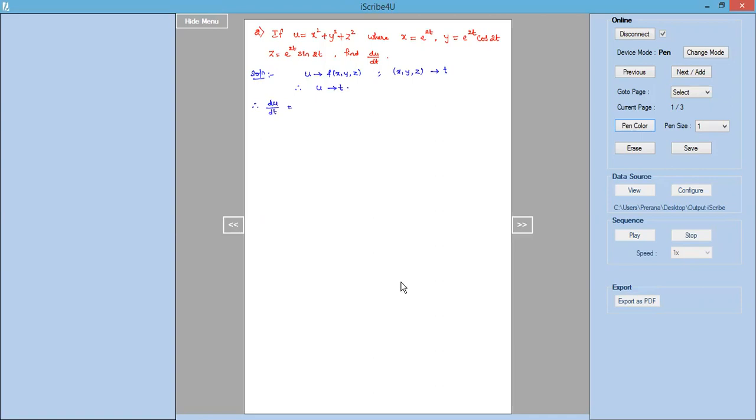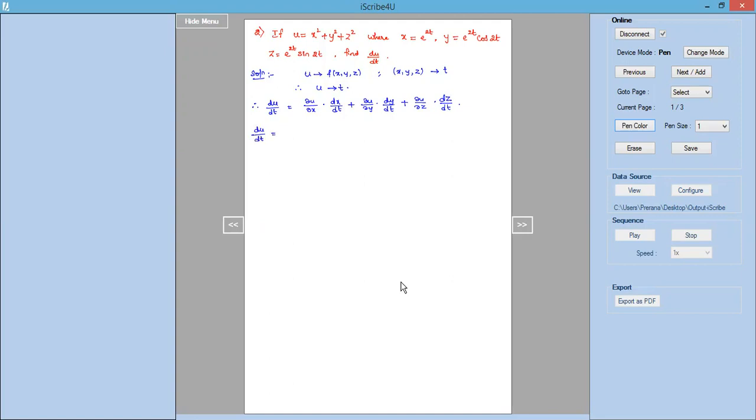So du by dt is given by dou u by dou x into dx by dt plus dou u by dou y into dy by dt plus dou u by dou z into dz by dt. Since u is a function of three variables, we have three terms involved in the right hand side of the formula. Here I'll directly write down all the total derivatives and the partial derivatives required in the RHS.